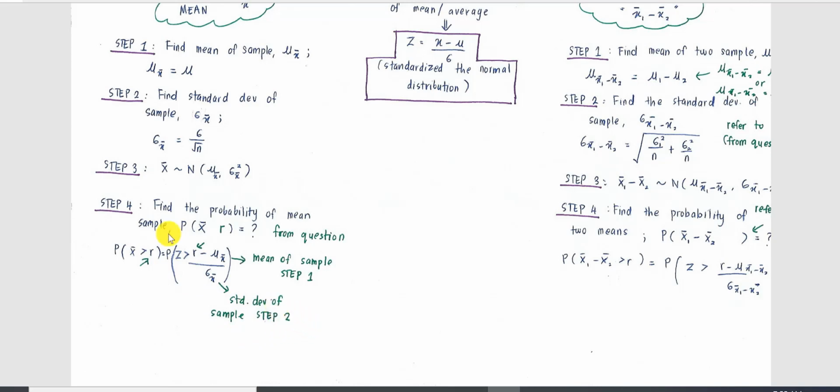So make sure you substitute the mean and also the standard deviation from the sample mean.